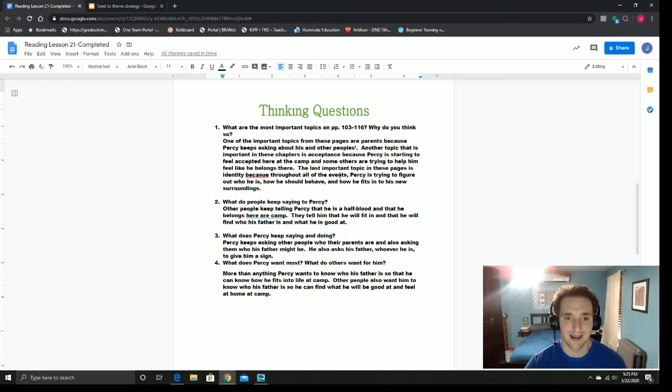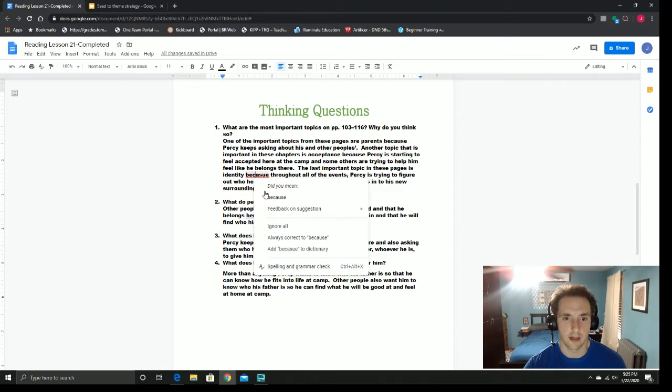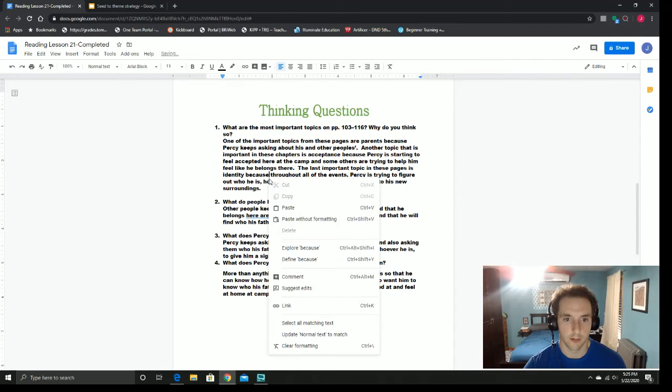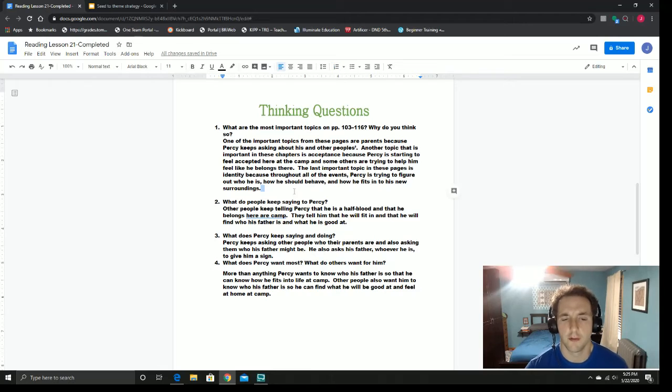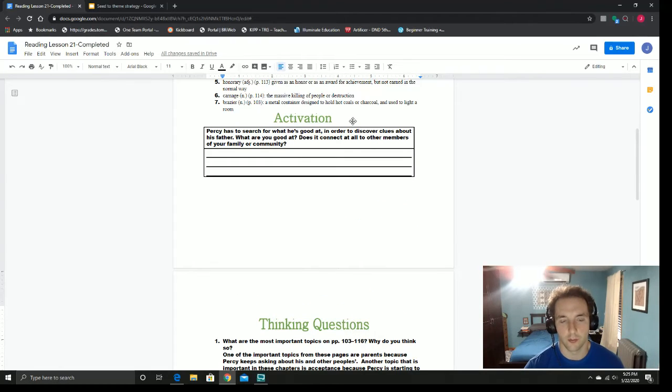And that's what identity is. Everyone has an identity in books, but also in real life, trying to figure out who they are, what they're good at, where they belong, how they fit into their community, into their society. That's why I asked that back in your activation, how what you're good at connects to your community.